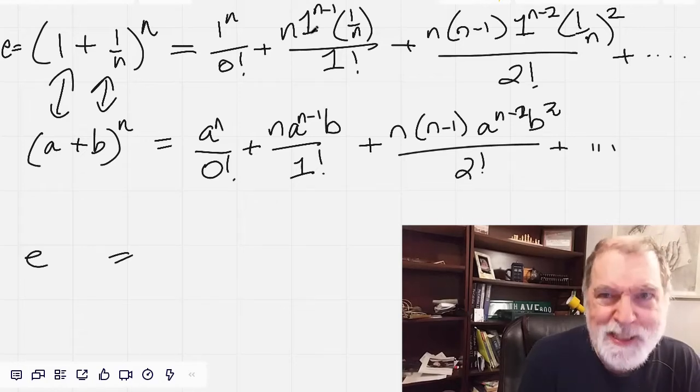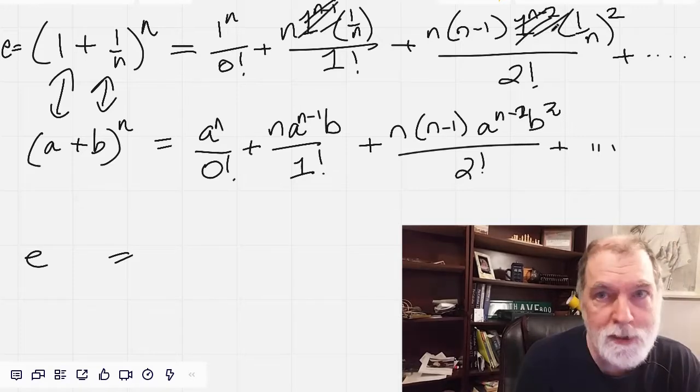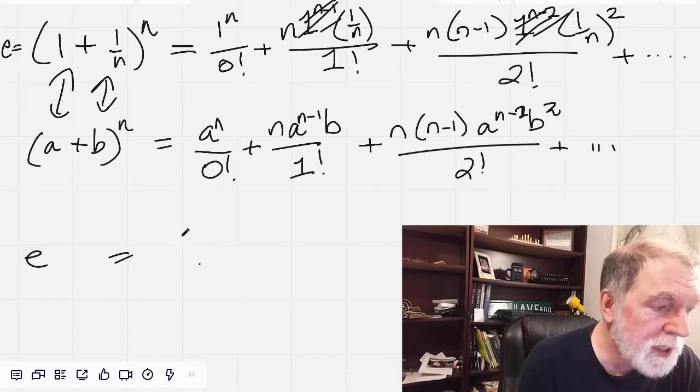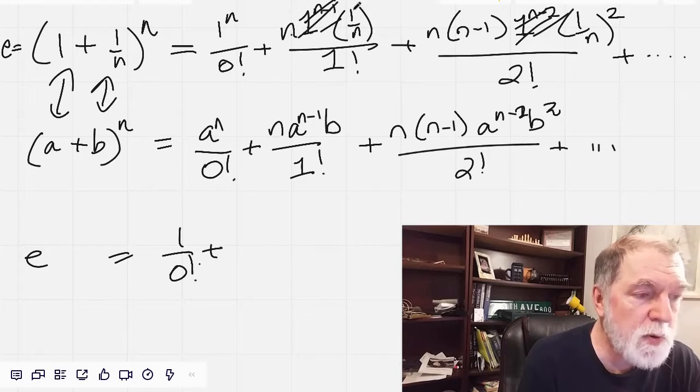This 1 is not going to have an effect on anything because 1 to any power is just 1. So let's rewrite that as 1 over 0 factorial plus, we've got n times 1 over n.